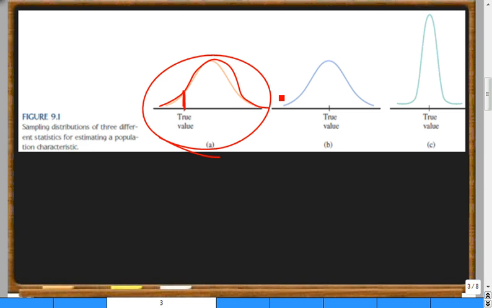It's very wide. This is obviously not a very good statistic. It's highly biased, because we're nowhere near the center. This is not something you're going to want to use to estimate your population characteristic. So this is a no-go. This is bad.